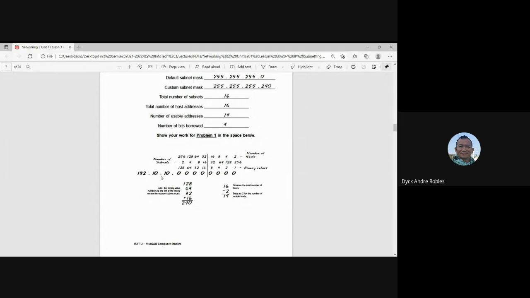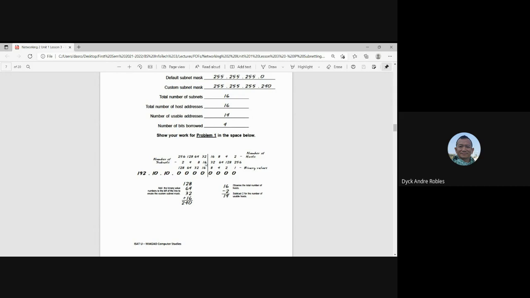So the total number of subnets we can make, based on our solution, is 16. That is where 16 comes from: the maximum number of subnets is 16. The same is true of the number of host addresses, 16.